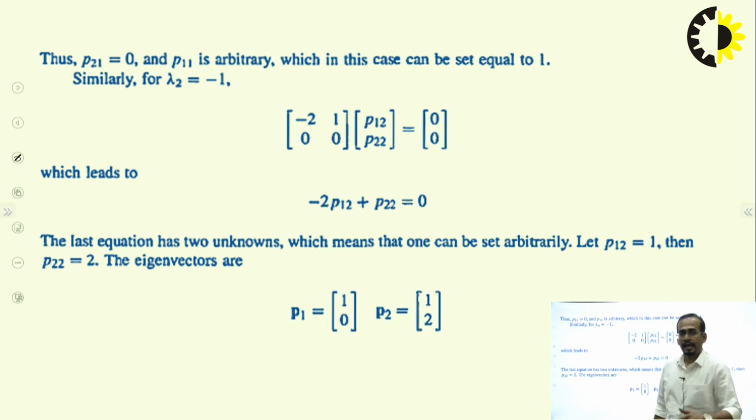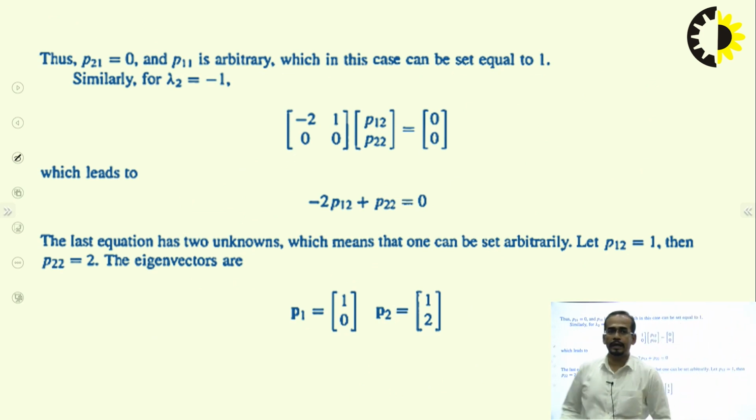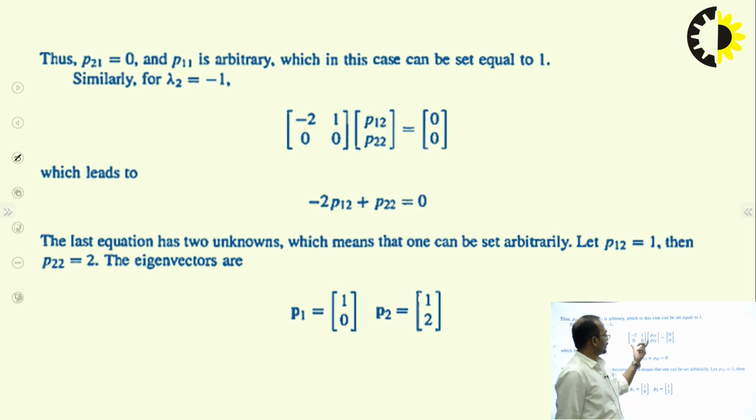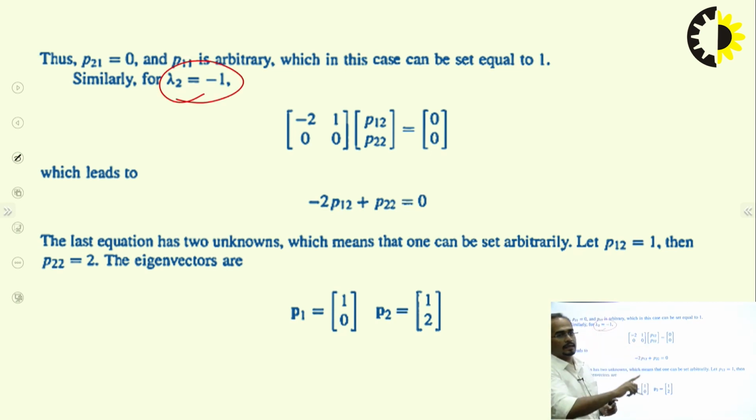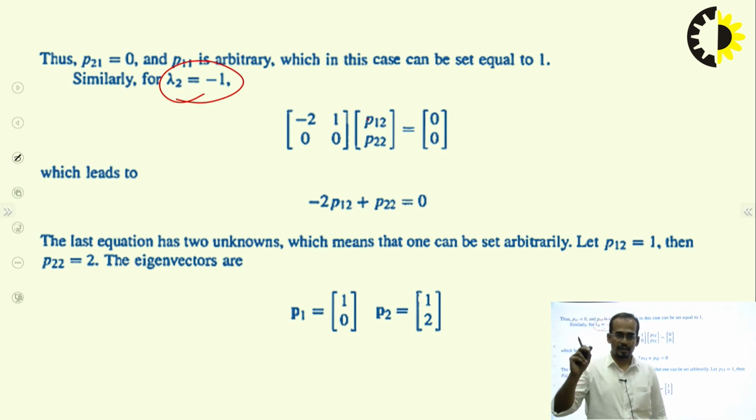Similarly, I can get the values of P12 and P22 by putting λ2 = -1 in the characteristic equation. So this will give the information about the eigenvectors for the corresponding values of λ1 = 1 and λ2 = -1.